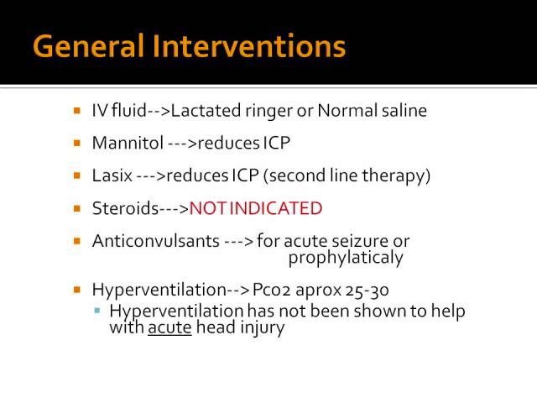Steroids are not indicated in head injury, but anticonvulsants are, and they reduce potential for convulsions and prevent an increase in cerebral oxygen demand. We hyperventilate the patients, actually controlled ventilation, to keep PCO2 between 25 and 30, because excessive hyperventilation results in vasoconstriction, which is more injurious to the brain.